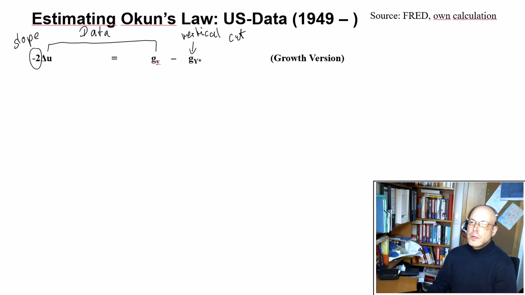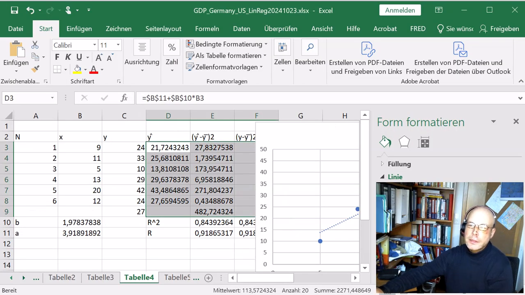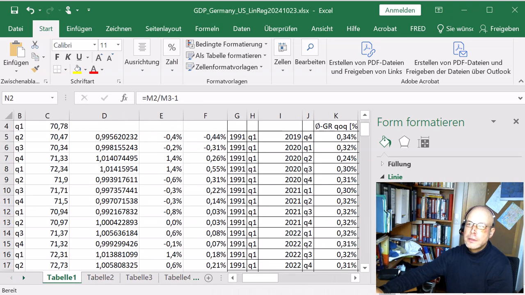And what we want to do now is to make a linear regression between the change of unemployment and the GDP growth. And for this, at first, let's take US data back to Excel.